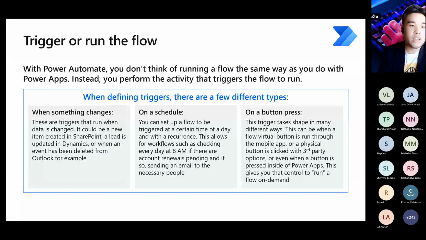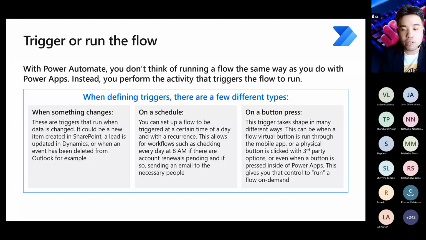the first type is the event flow trigger. You need to understand this. The trick with Power Automate is that you do not think of running a flow the same way as you do with running a Power App. Instead, you perform the activity that triggers the flow to run.